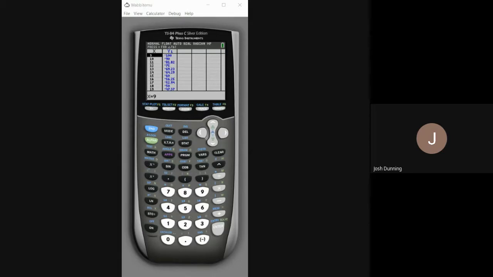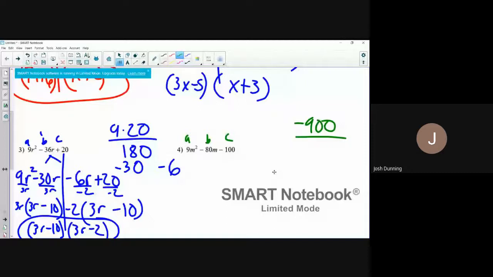Oh, better go back to notebook here. Going back to the notebook software, let's see. So negative 90, positive 10. And now we'll split it up.